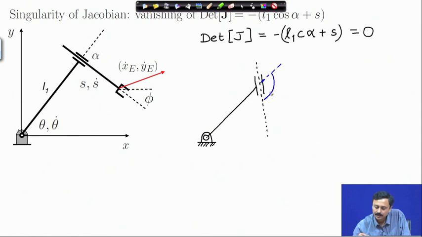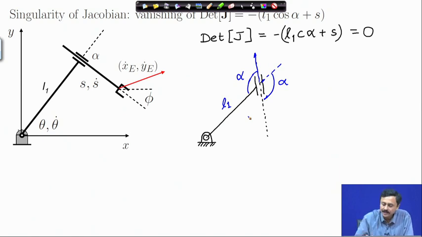So, this angle is alpha. This is L1. If this is alpha, then this is also alpha. So, L1 cosine alpha is a projection of L1 in this direction. Now, because the way I have shown alpha, it is greater than pi by 2.